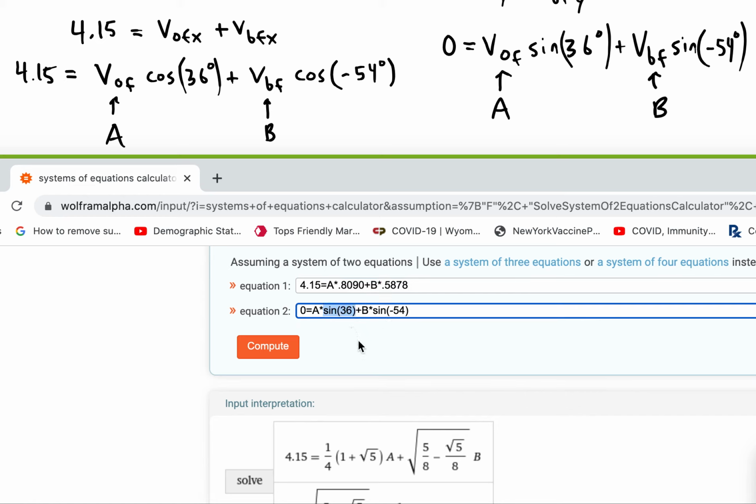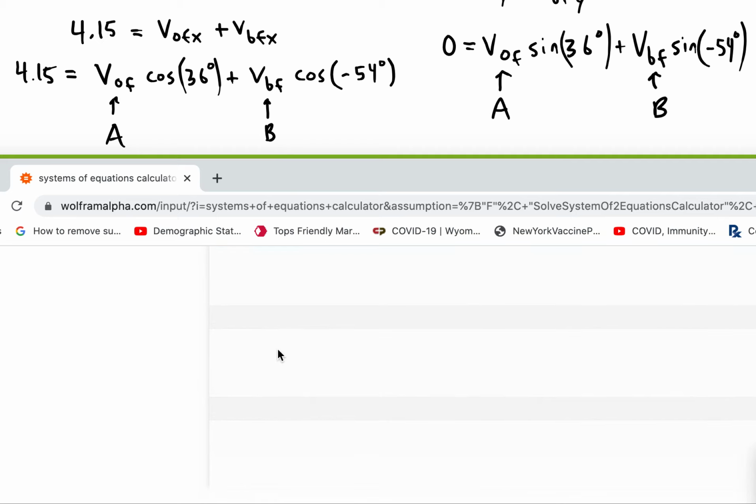Alright, sine 36 is 0.5878, and sine negative 54 is negative 0.8090. See how it does on that.